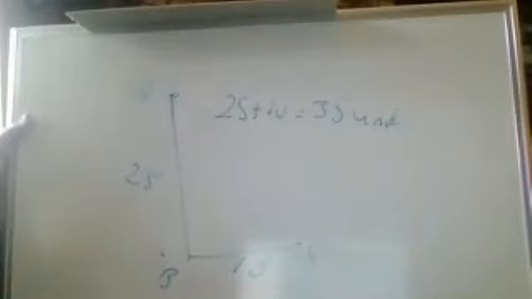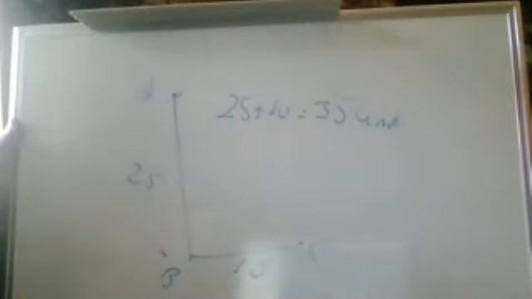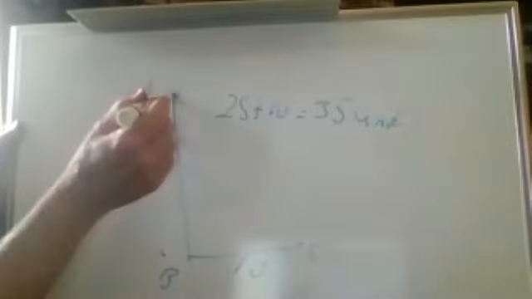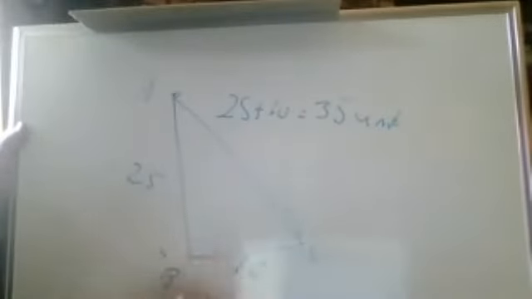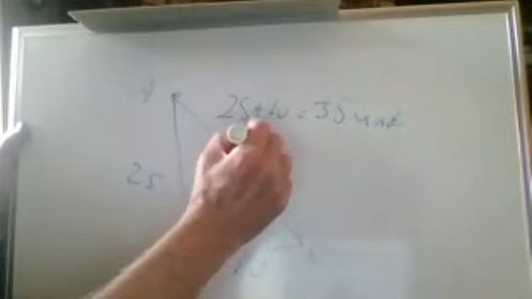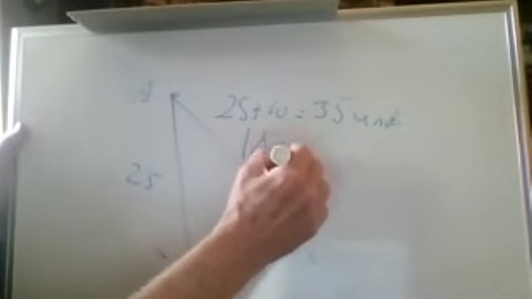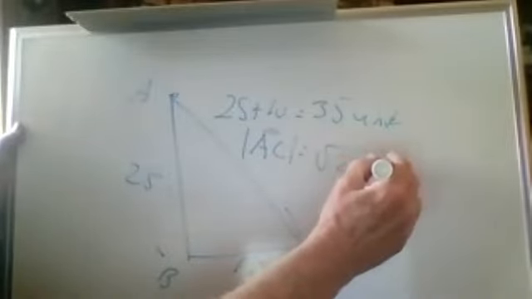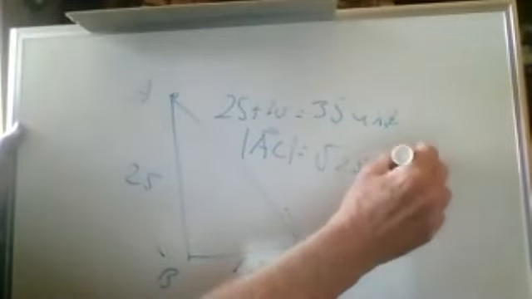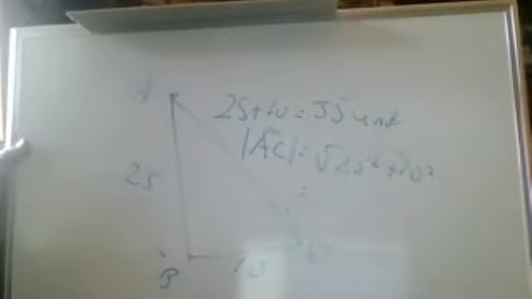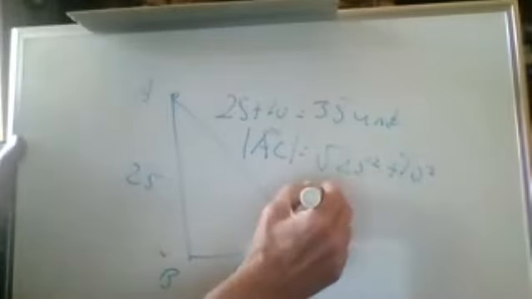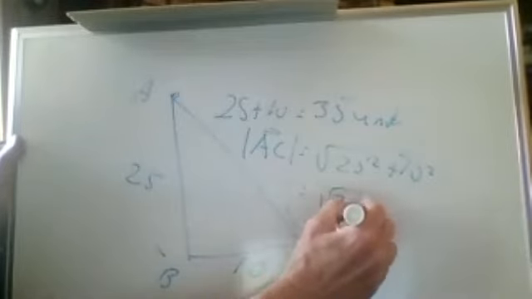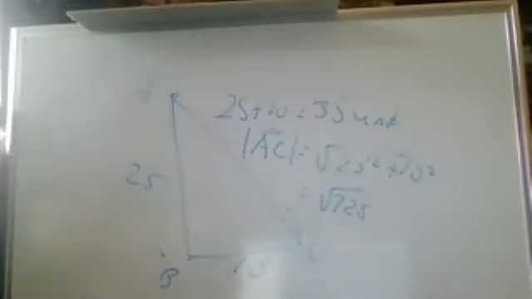That's number 23. All right, 24 says, what's the magnitude of vector AC? So that would be vector AC would be right here. So the magnitude of vector AC is going to be the square root of 25 squared plus 10 squared, okay? 25 squared is 625, 10 squared is 100, so that would be the square root of 725 exactly.